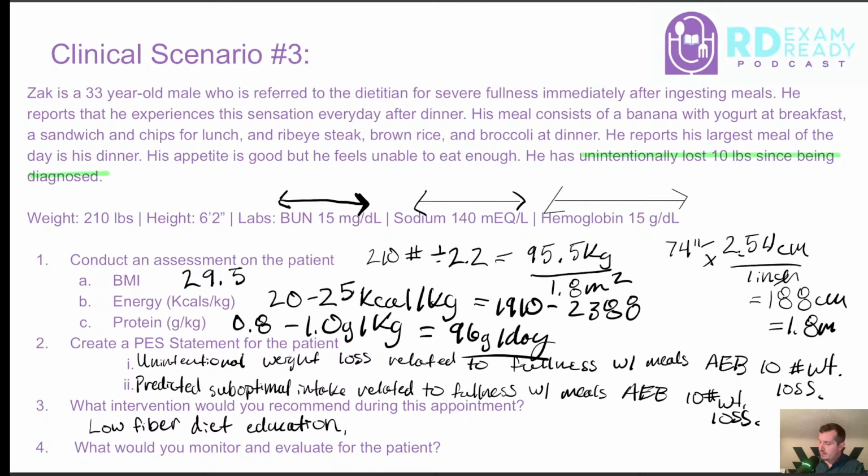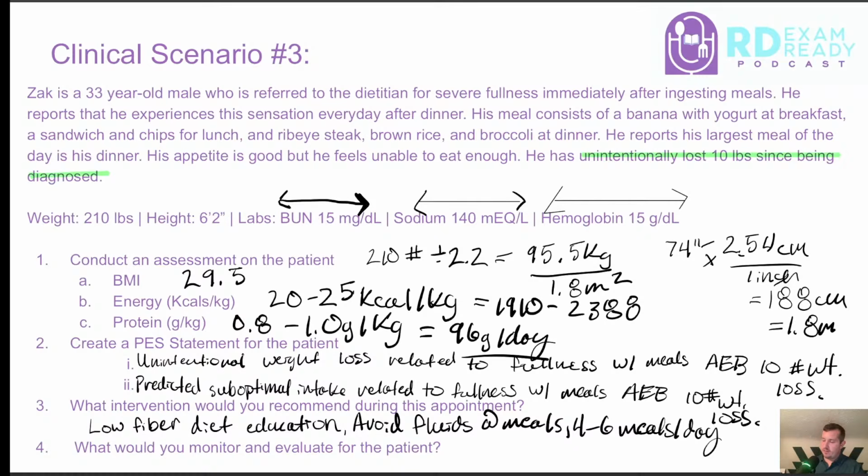Let's say avoid fluids at meals. We don't want to compete with the food there. Small, frequent meals. So let's say get our 4 to 6 in. Absolutely. Yeah, activity after eating, that would be perfect to do. A lot of those basic lifestyle factors that we would recommend doing there, right?